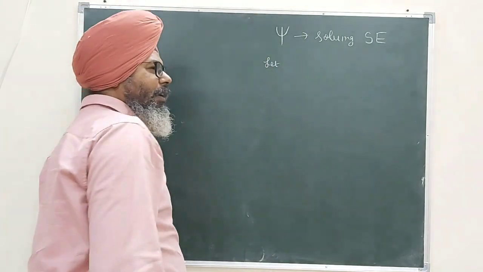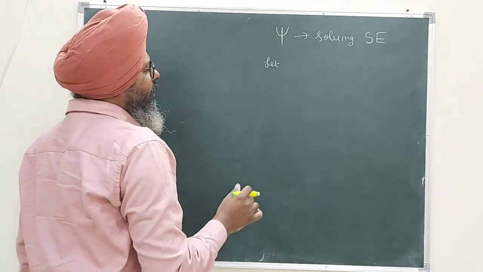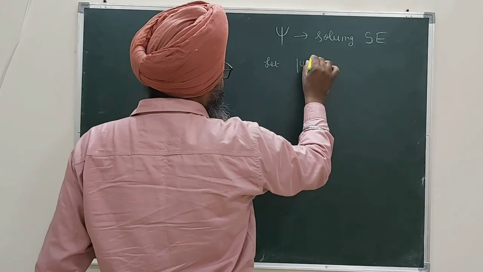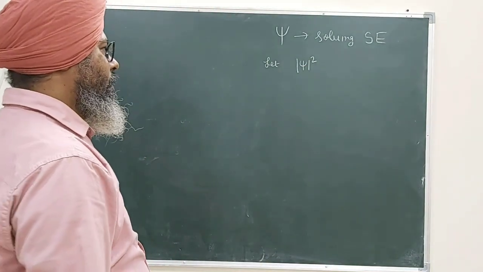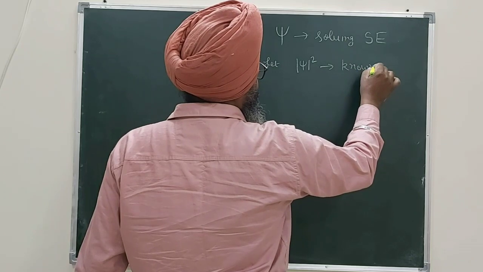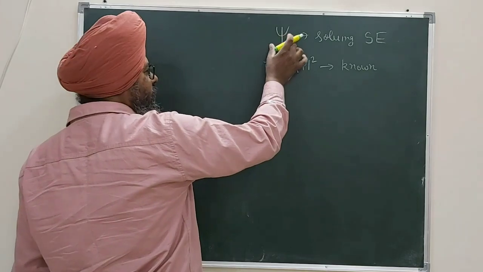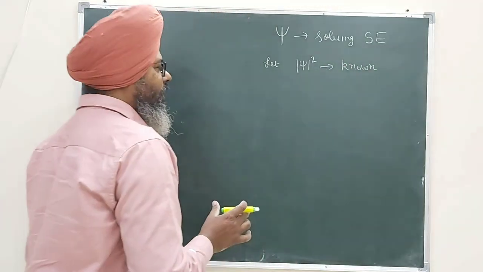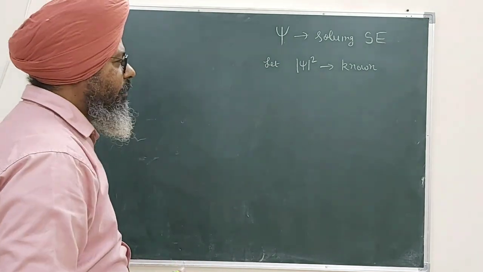Since it will have some mathematical expression, let me assume that psi magnitude square is known to us. This will be the primary condition. So I must be able to write the mathematical expression of psi, which I would know because I have already solved the Schrödinger equation. Then I should have the value of psi magnitude square known to me. Since I know psi, I can easily calculate psi magnitude square.